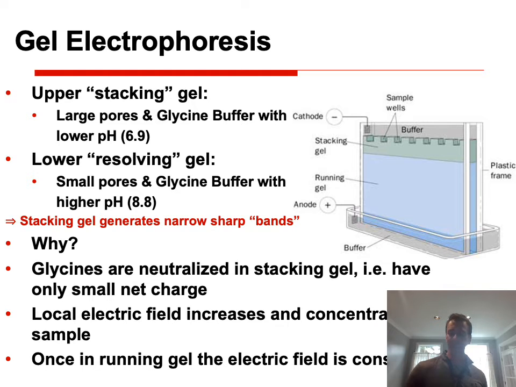So these have small pores and a buffer with a higher pH. This stacking gel generates nice sharp bands as they move through the electric field. The glycines are neutralized in the stacking gel. They only have a small net charge, so this is why this works pretty well.